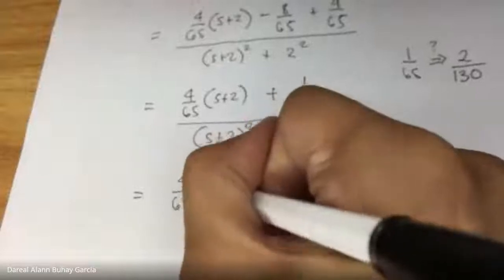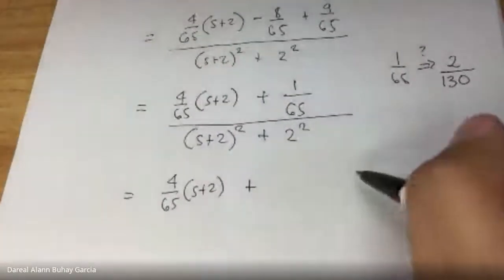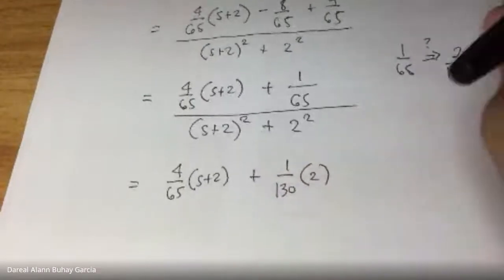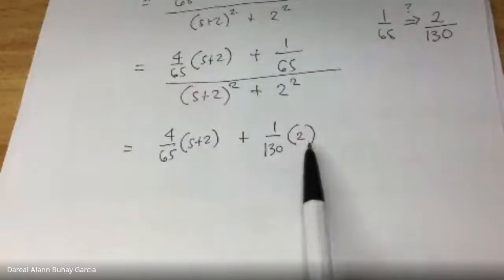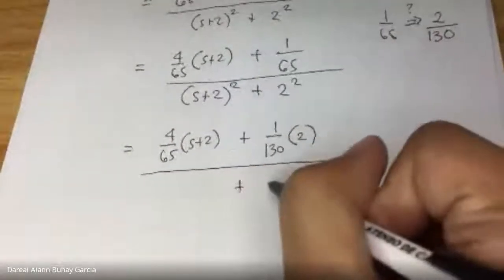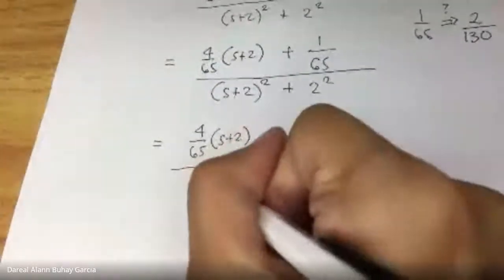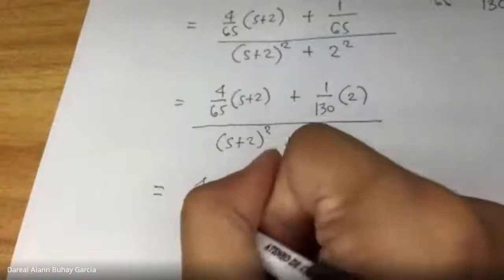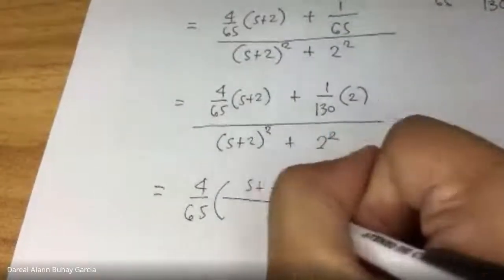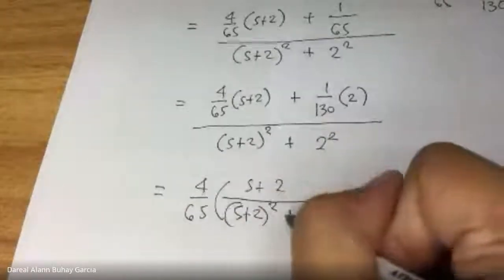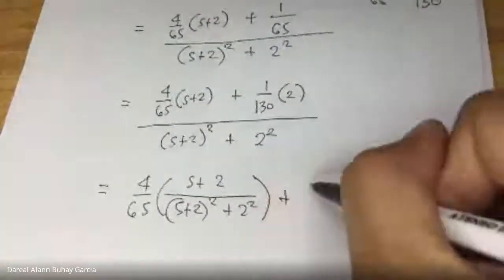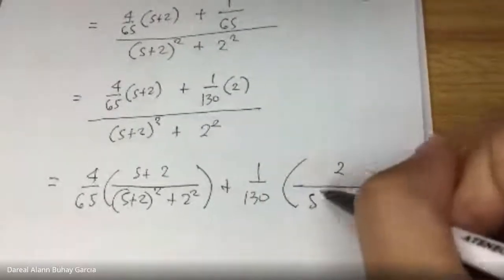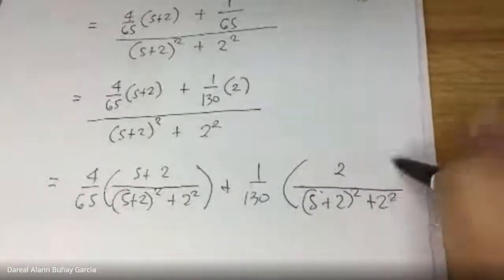So 4 over 65 times S plus 2, plus 1 over 130 times 2, so that the numerator and denominator have the same A and C. So it separates into 4 over 65 times S plus 2 over S plus 2 squared plus 2 squared, plus 1 over 130 times 2 over S plus 2 squared plus 2 squared.